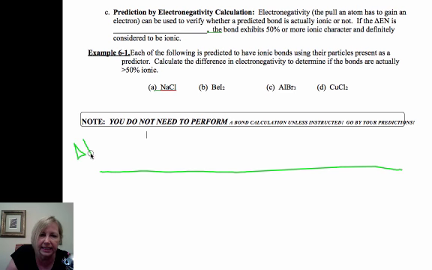That's what we do here, we look at this continuum, and we take the difference in electronegativity values. You'll be given those, and that difference in electronegativity goes from 4.0, and then we're going to draw a line in the sand at 1.7, and another line in the sand at 0.3, and then at 0.